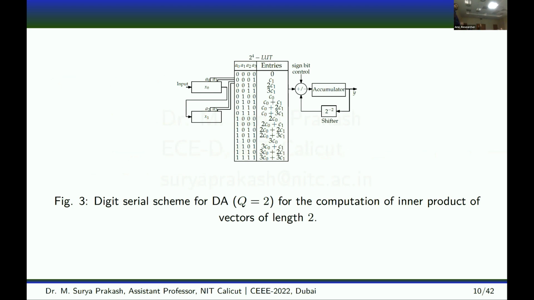So the same dot product of 2 vectors of length capital 4. Here we can see the combinations are differing from the basic DA processing unit. So this is the architecture for digit serial scheme DA, which is used for computation of dot product of vectors.